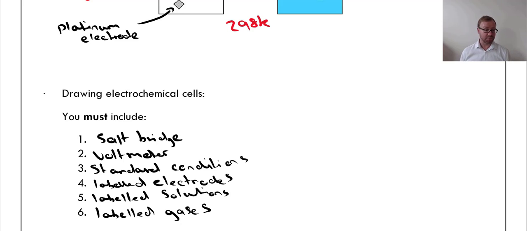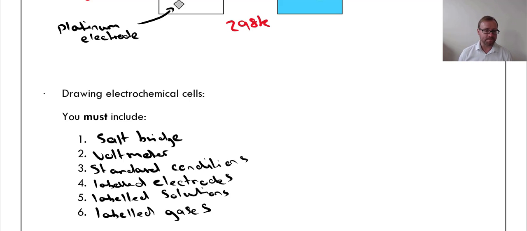Okay, and as I said before, people always forget to do these or forget one of these, and it's really silly because it's just a loss of marks in the exam. I know we've been writing it quite a lot, I'm going to still get you to write it so you can remember them.